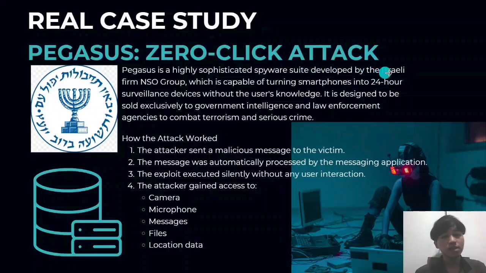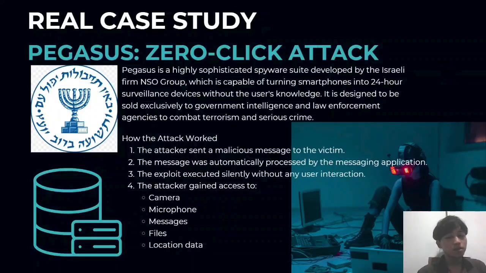Pegasus is a highly sophisticated spyware suite developed by the Israeli firm NSO Group, which is capable of turning smartphones into 24-hour surveillance devices without users' knowledge. It is designed to be sold exclusively to government intelligence and law enforcement agencies to combat terrorism and serious crime.